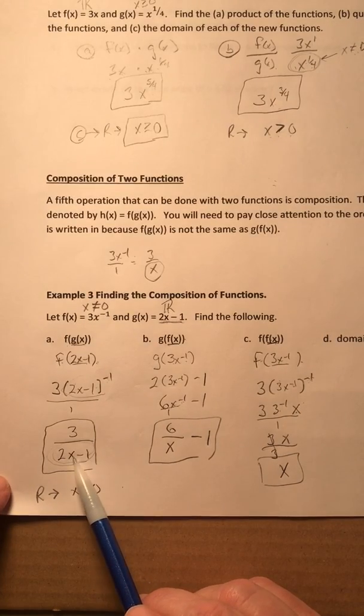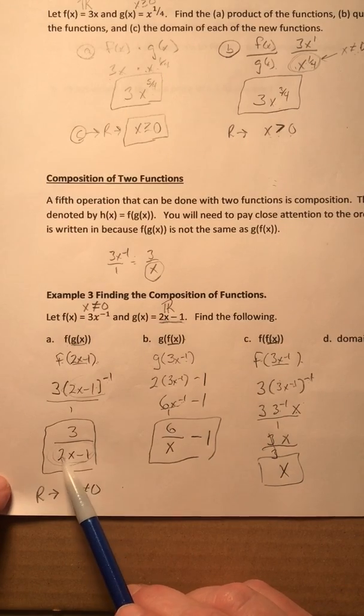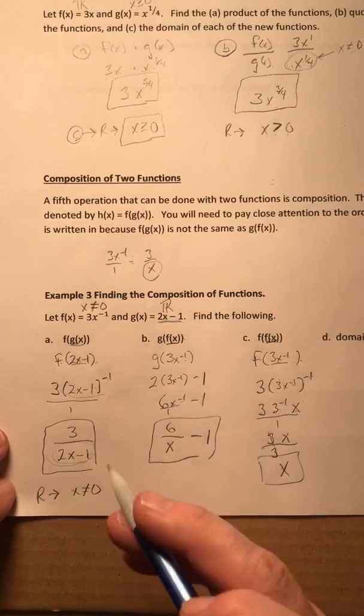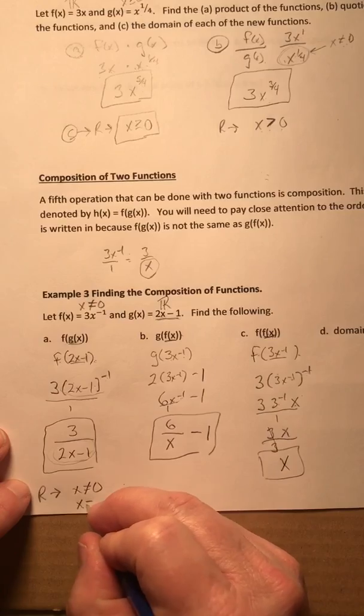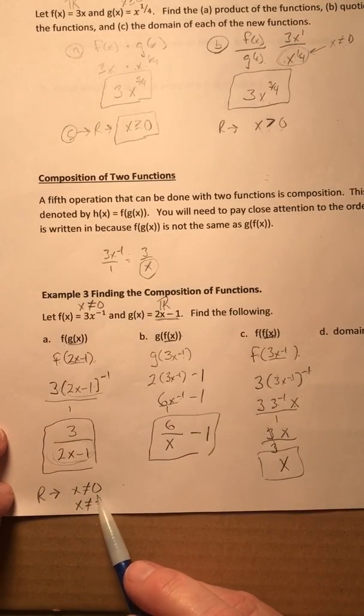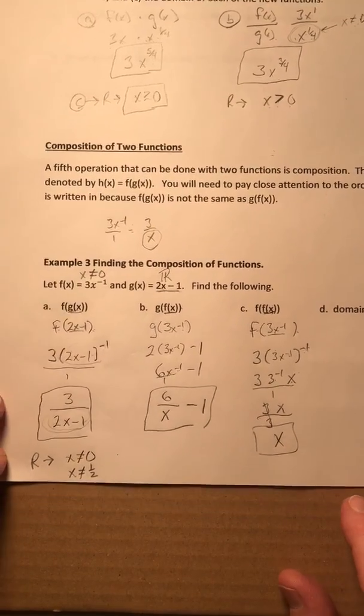If x is what, will that be a 0? Well, it turns out that if x is 1/2, because 2 times 1/2 would be 1, 1 minus 1 would be 0. So x can't be 1/2 either for this one. So that is another restriction. So x cannot be 0, x cannot be 1/2, can be anything else, just can't be those two.